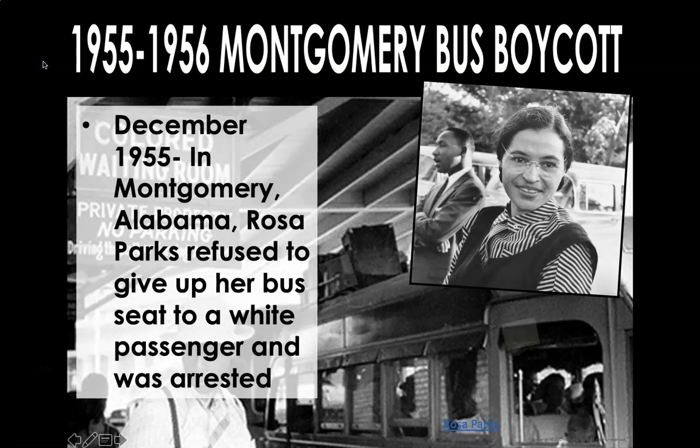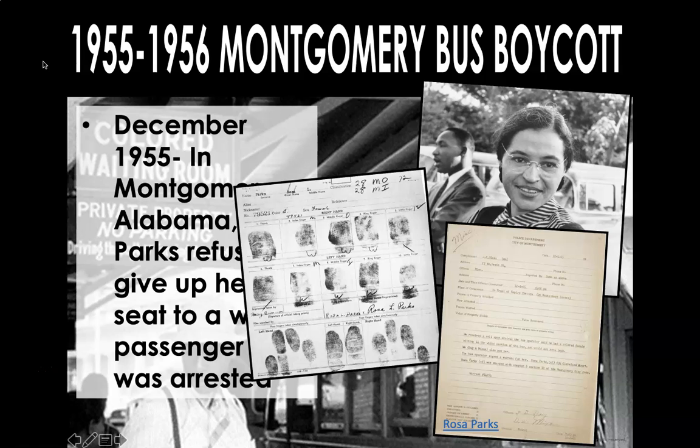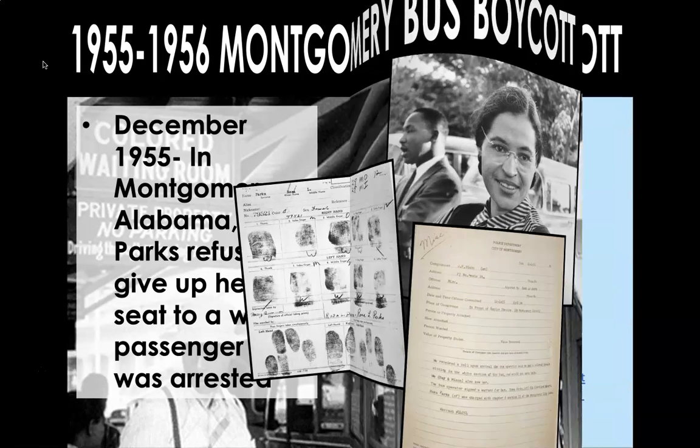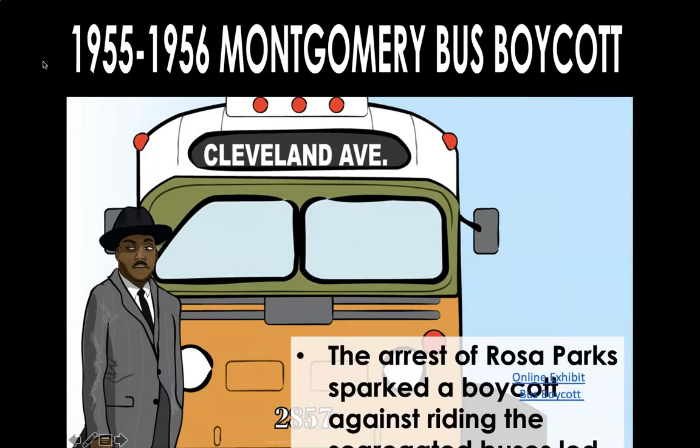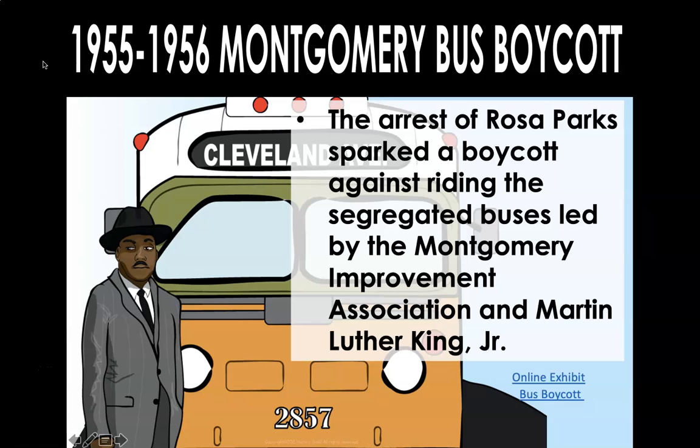Okay. So again, Rosa Parks is the one that we give credit to. However, it's Claudette Colvin who was the first person to actually refuse to give up her seat. So, continuing on with the Montgomery bus boycott. The arrest of Rosa Parks sparked a boycott against riding the segregated buses, led by the Montgomery Improvement Association and Martin Luther King Jr. So what they did is they decided to have people carpool together.